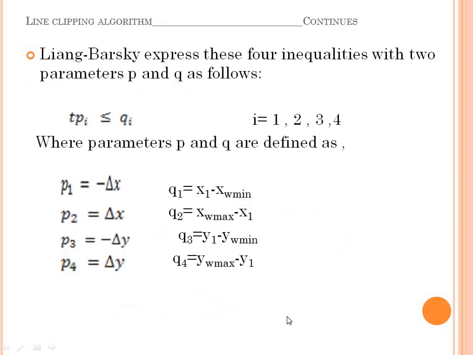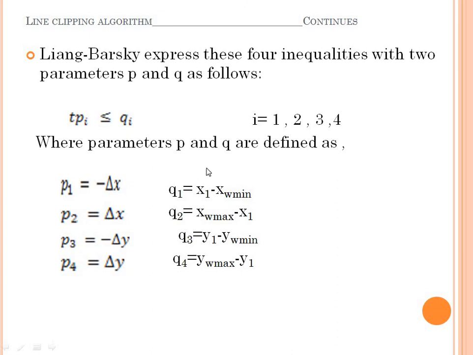So here x1 minus xw minimum, xw maximum minus x1, y1 minus yw minimum and yw maximum minus y1 are the q1, q2, q3 and q4 values, and p1 is equal to minus delta x, p2 is equal to delta x, p3 is equal to minus delta y and p4 is equal to delta y.